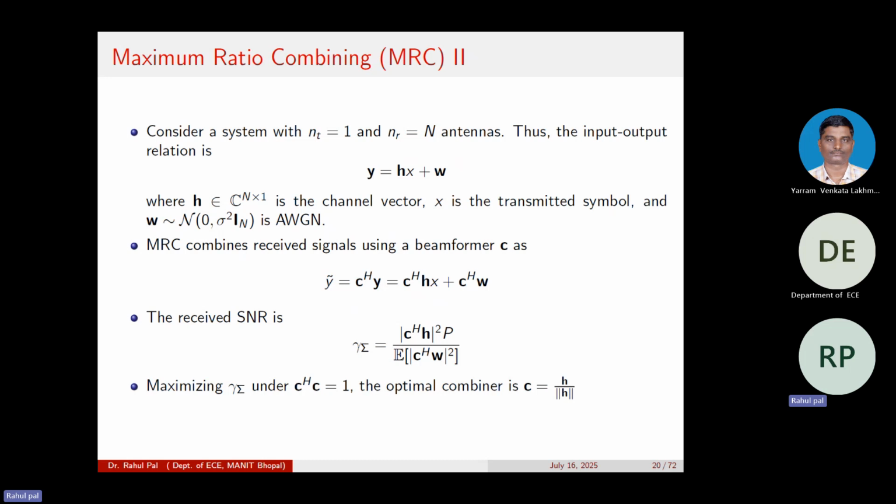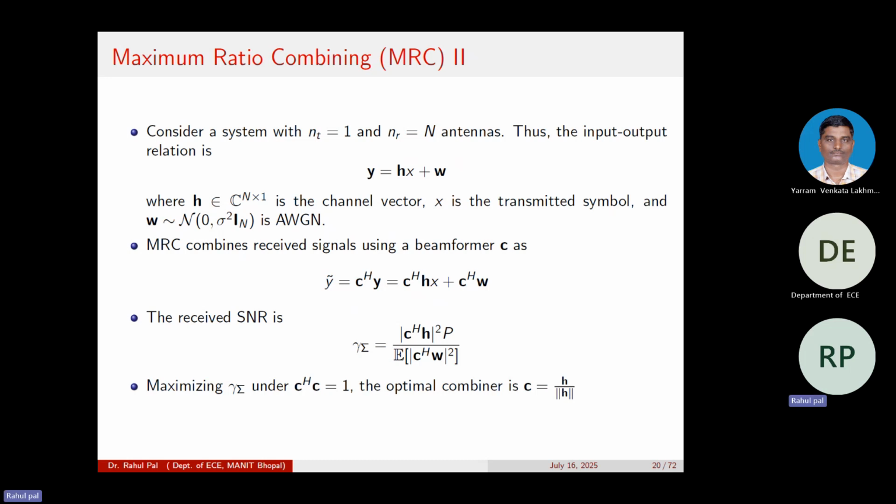So I will put this constraint: the c vector should be a unit vector. We are putting c Hermitian y as the combined output and maximizing the signal to noise ratio. Now this is my problem. After solving this problem, I will get my c vector, which is h by norm of h.